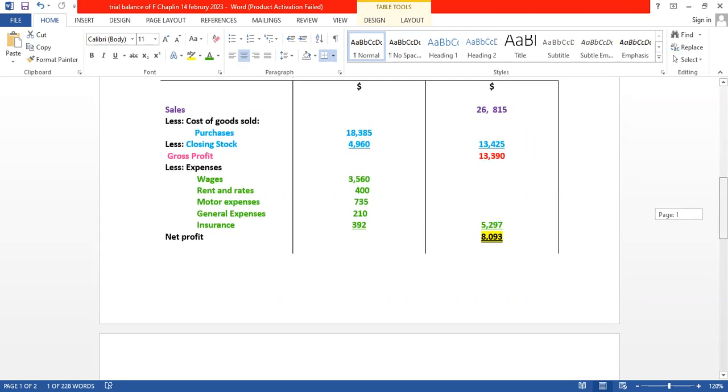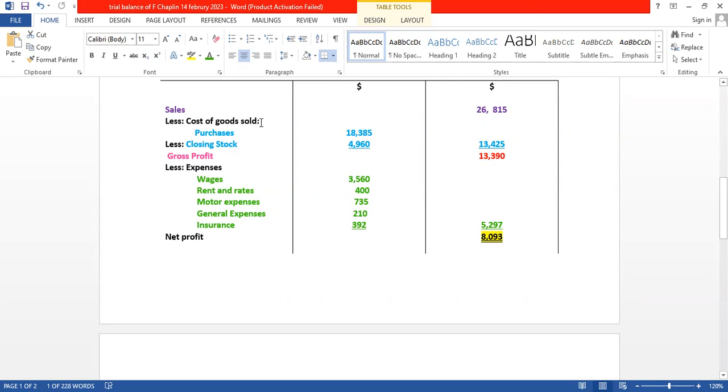the next thing we are to do, it says sales less cost of goods sold. So we're going to say we subtracted our closing stock from our purchases, which would be one of our cost of goods sold. So now we're going to say sales minus cost of goods sold equals gross profit.